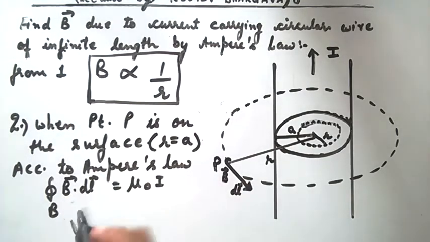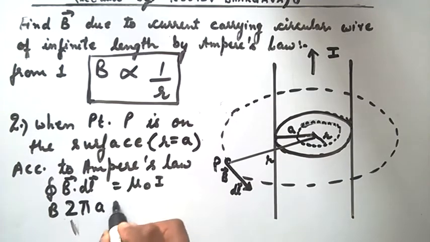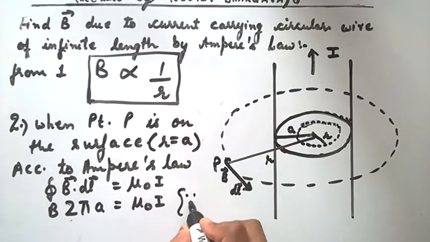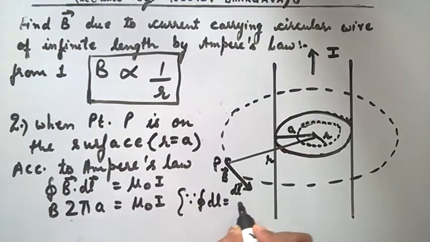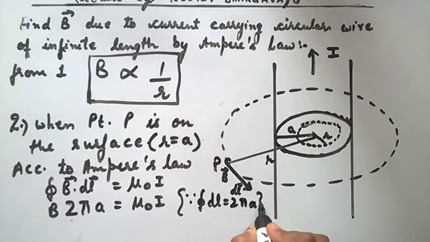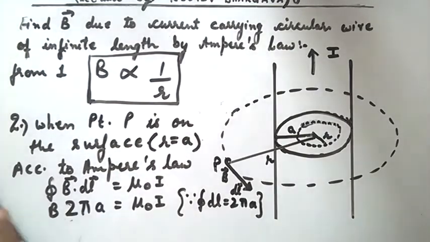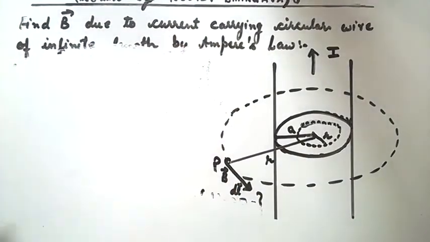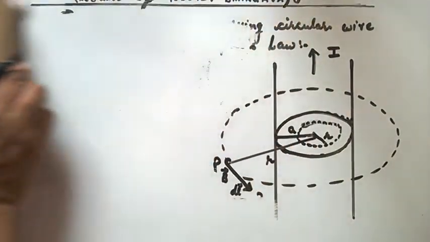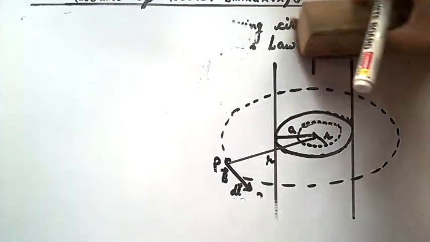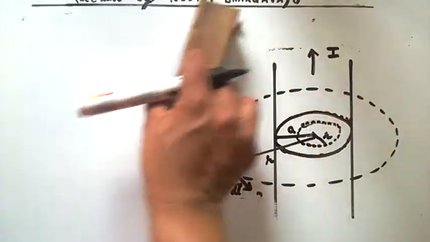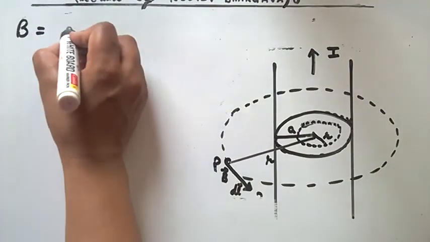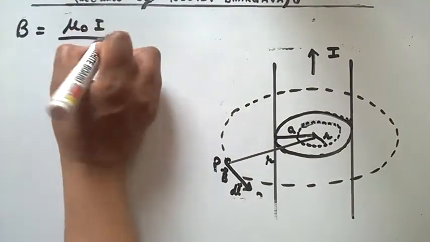So B into 2 pi a equal to mu naught I. Therefore, magnetic field B is equal to mu naught I by 2 pi a.